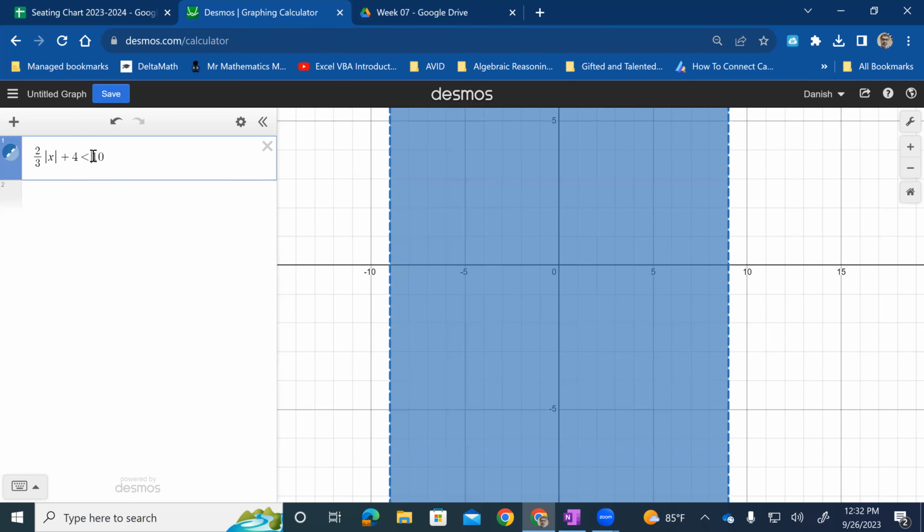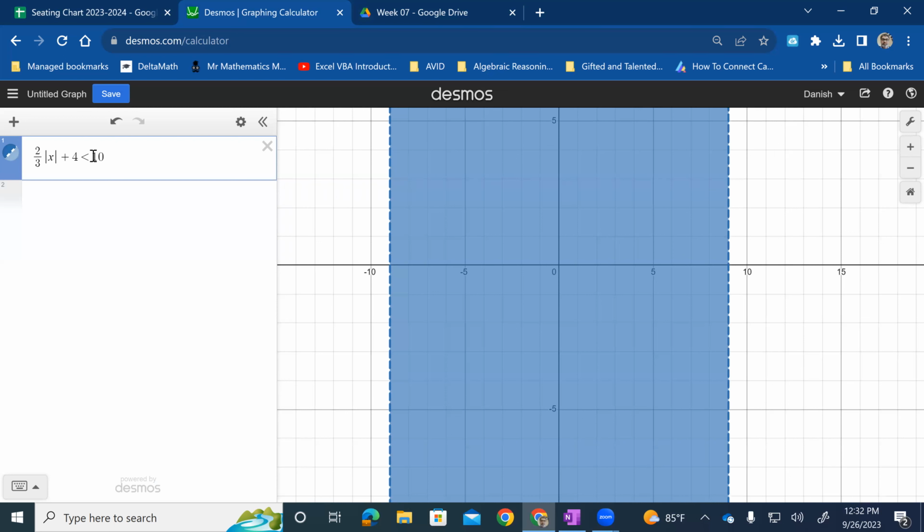What happened? It's highlighted, it's shaded. Now this is telling me all the possible values of x for which this expression will remain less than 10. That's how we think about inequalities in absolute value expressions.